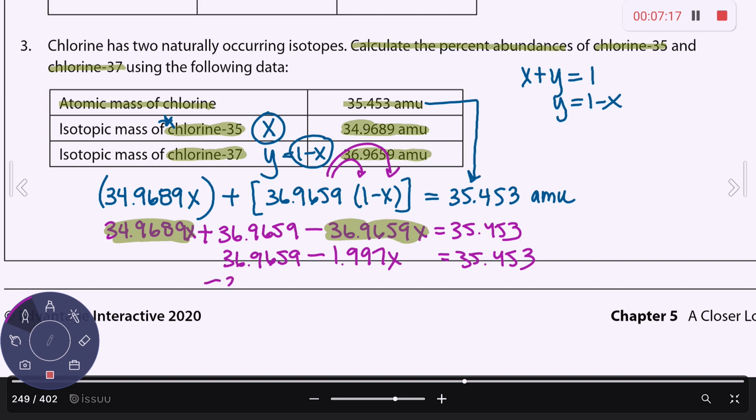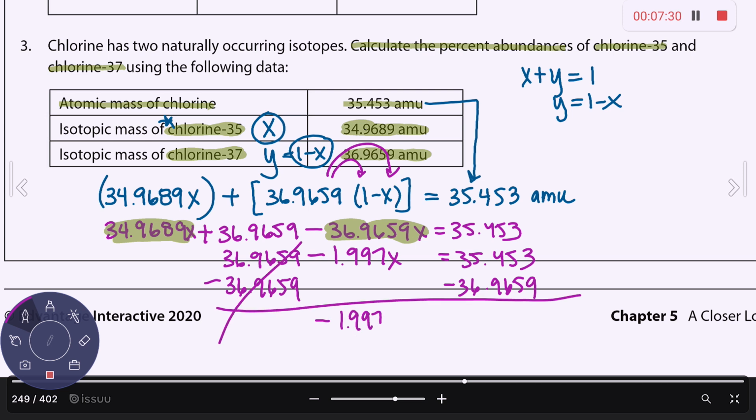Then I'm going to subtract this 36 from both sides. I'll end up getting a negative value, so this cancels, and this is negative 1.5129. Then I'll divide both sides.